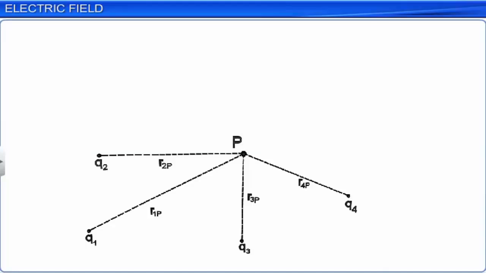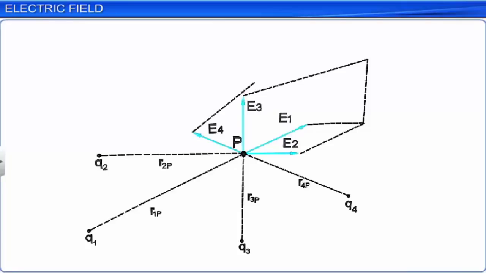The net electric field strength E at point P is the superposition of all the electric field strengths E1, E2, E3, E4, and so on due to the individual charges. The net electric field strength E at point P will be equal to the vector sum of all the electric field strengths E1, E2, E3, E4, and so on.